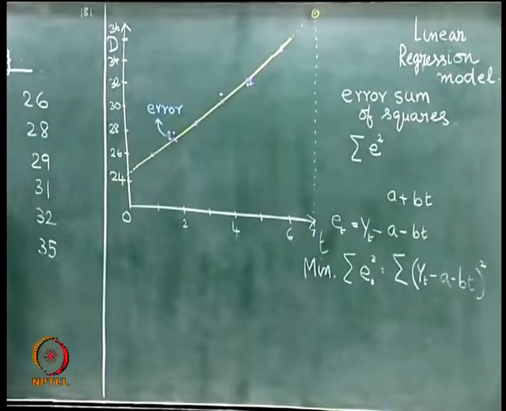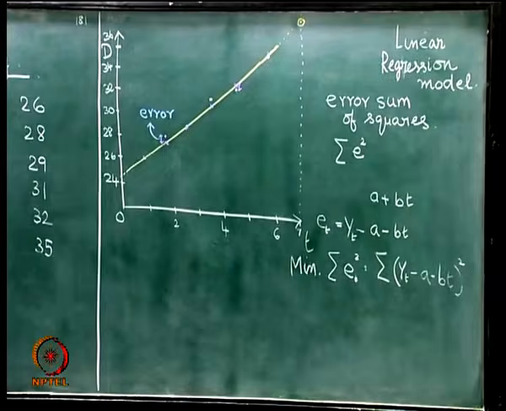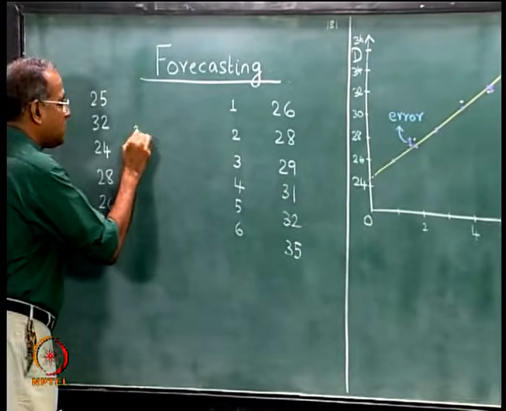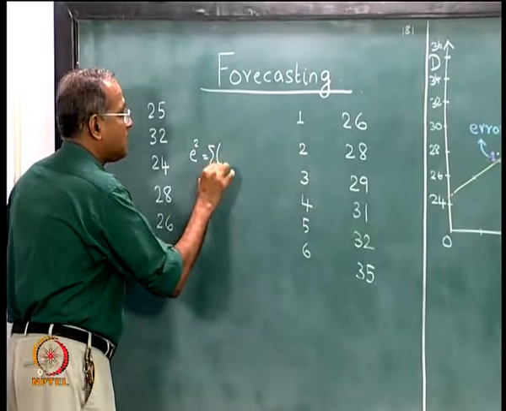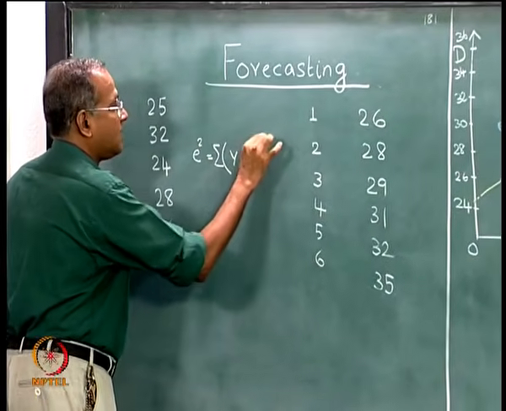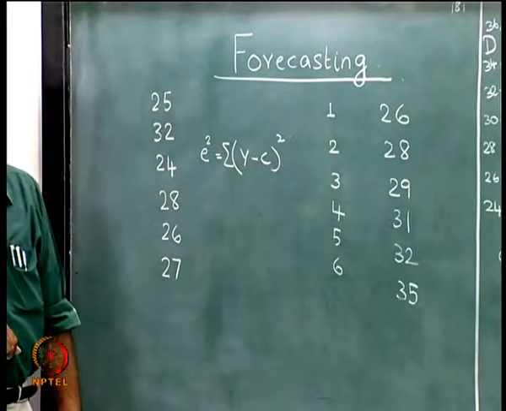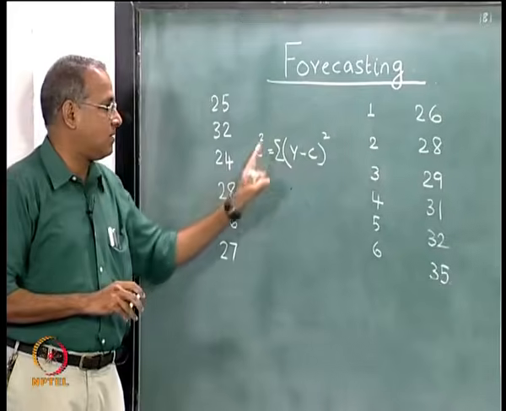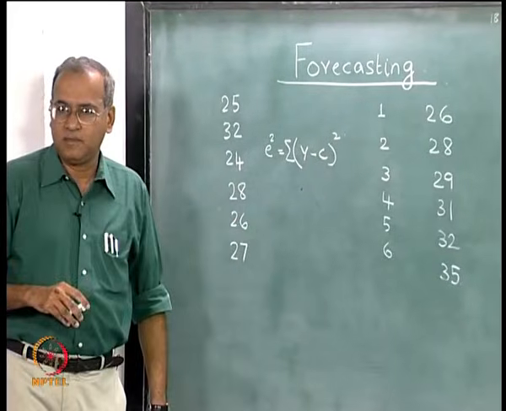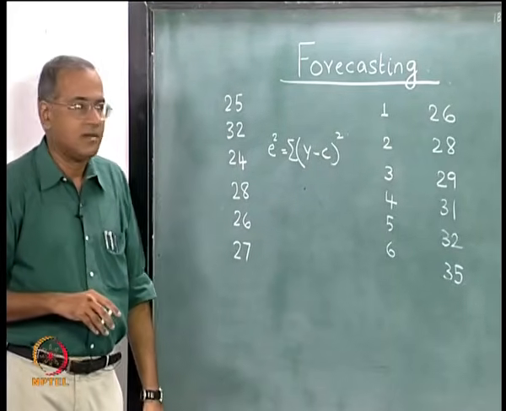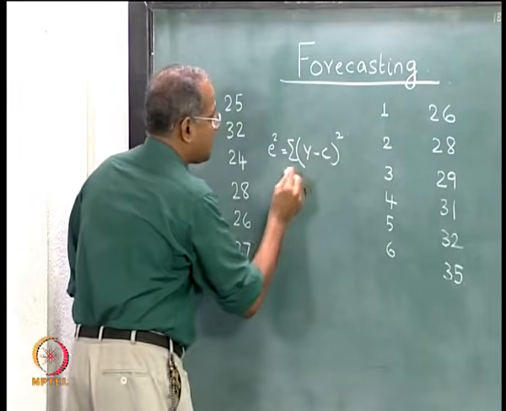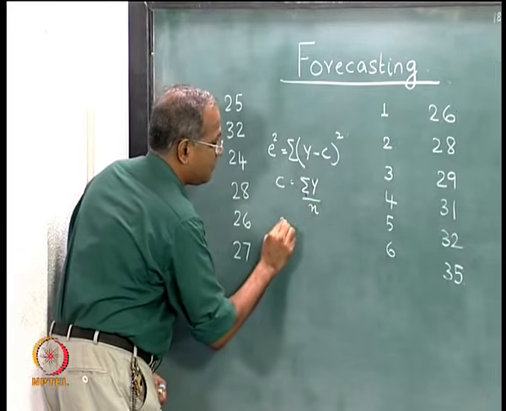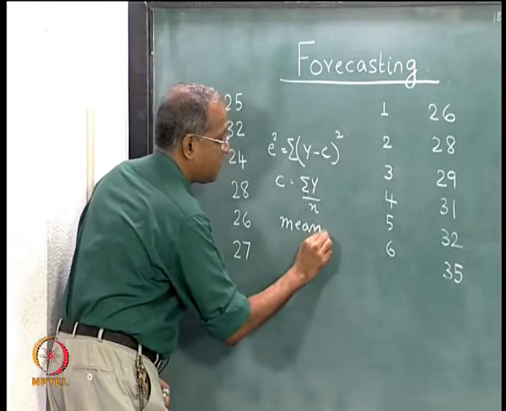Now, suppose we fit y equal to c, and then we minimize the error sum of squares. So, error sum of squares will be sigma y minus c the whole square, and if you want to find out c such that y minus c the whole square is minimized, then the answer for c will be simply sigma y by n, which is the simple arithmetic mean.